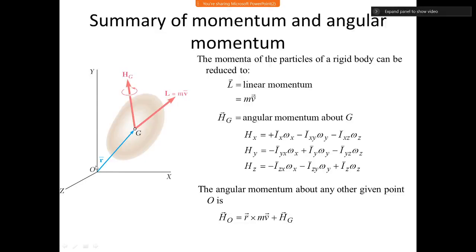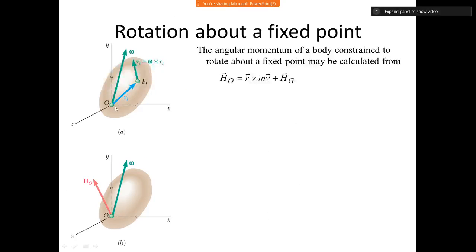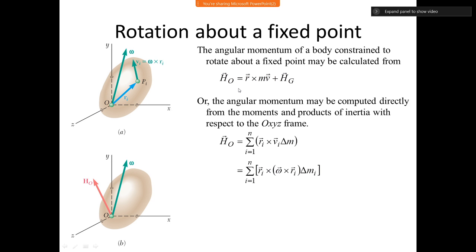If the body is rotating about a fixed point O, one common example is a top rotating about a point O. If the body is constrained to rotate about a fixed point O, then again we can write this equation, and we can calculate the angular momentum using the moments and products of inertia with respect to the frame OXYZ.